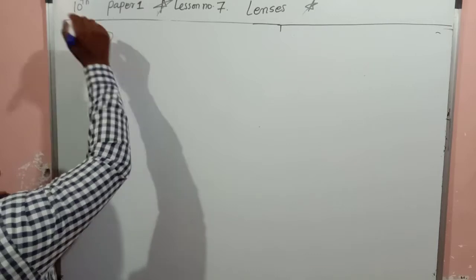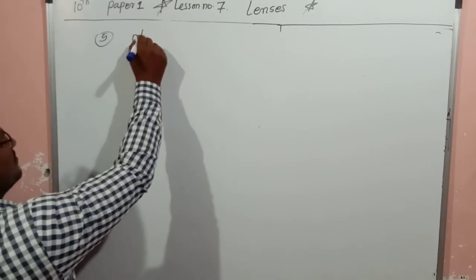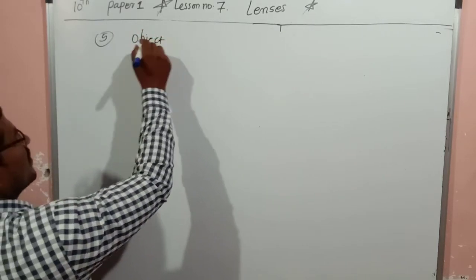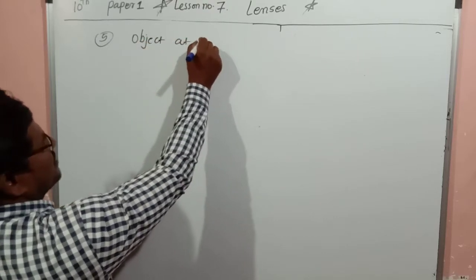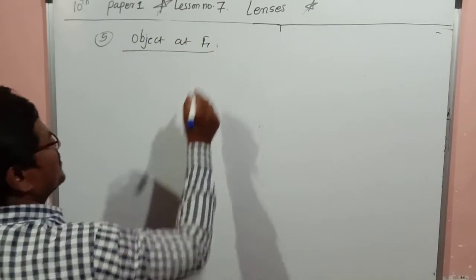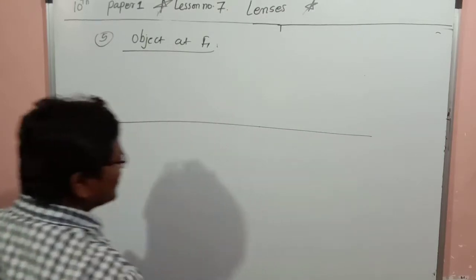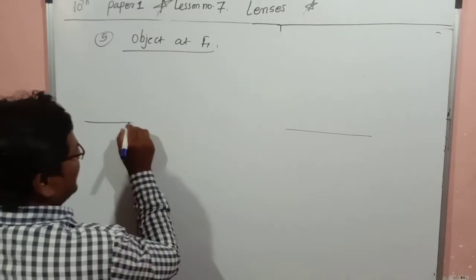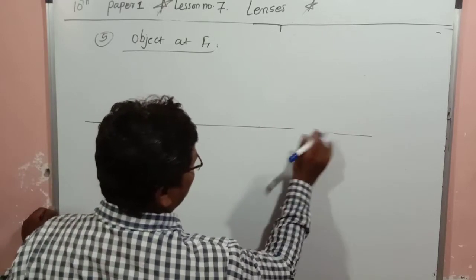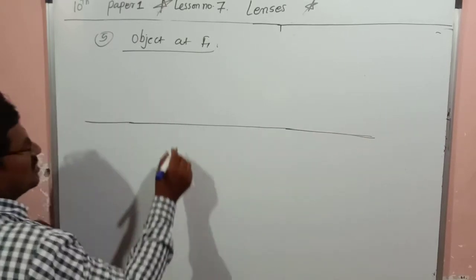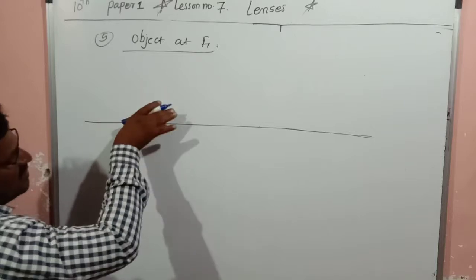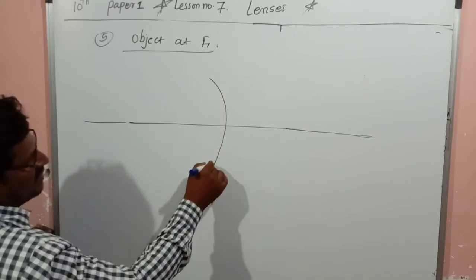So the fifth point is object at F1. Now what you have to do, you have to draw one straight line. It will be your principal axis. After that you have to take a certain distance in your compass and draw one arc.